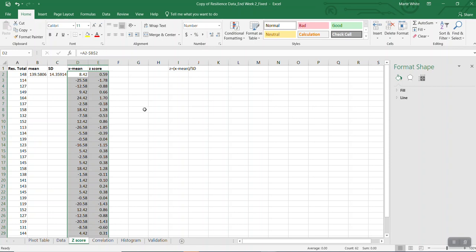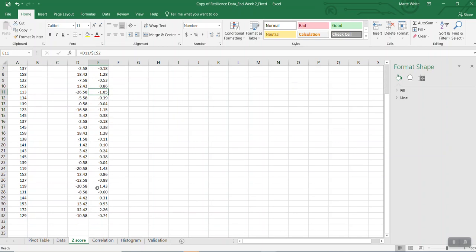Now we can look at each of these and see this person here is almost two standard deviations above the mean. This one here is almost two standard deviations below the mean. So they're almost statistically significant. Some of these are just very close to the mean.